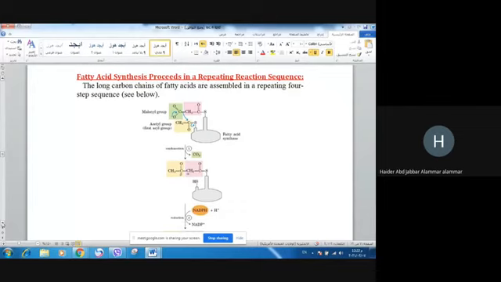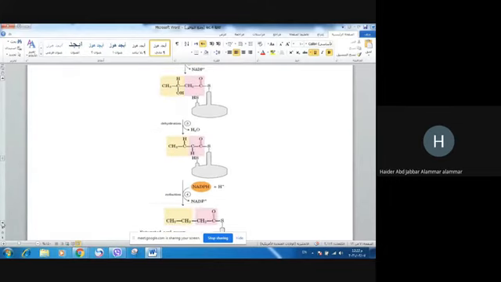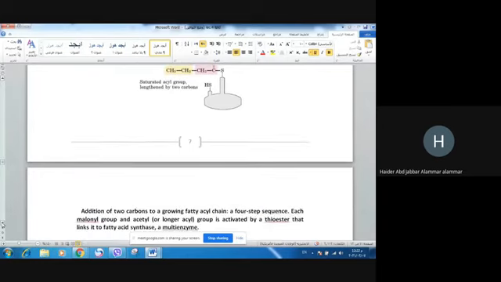Of course, the fatty acid synthesis, as I said, is just a reversal process of beta oxidation. What I mean? I mean there are 4 steps of fatty acid synthesis, and this only for observation.